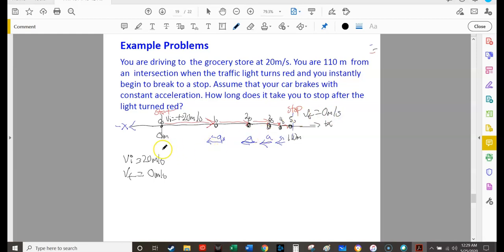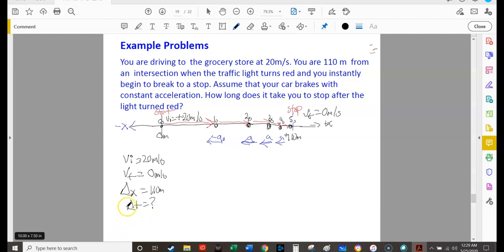We also know that our total displacement from beginning to finish is 110 meters. It started at 0 meters, and we're going to get to a positive 110 meter position. The question is how long does it take for us to stop once we realize the light is turning red? So we're trying to find delta t.